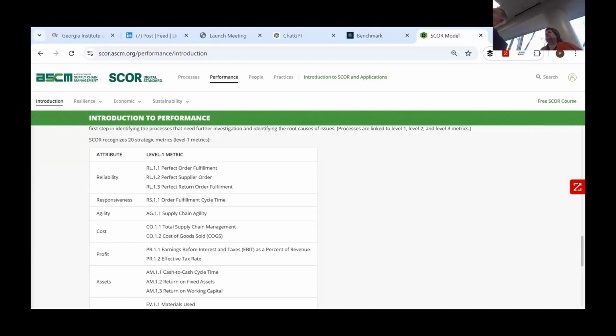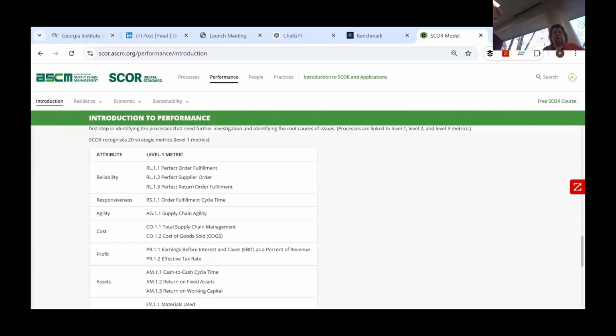Where we got it right, because those are three new categories, was at the attribute level. Within resilience, there are three main attributes: reliability, responsiveness, how long it takes to get the order done, and then agility. We can have, that's another meeting. Economically, we looked at cost, profit, and assets. So at the attribute level, I think we got the categories correct.